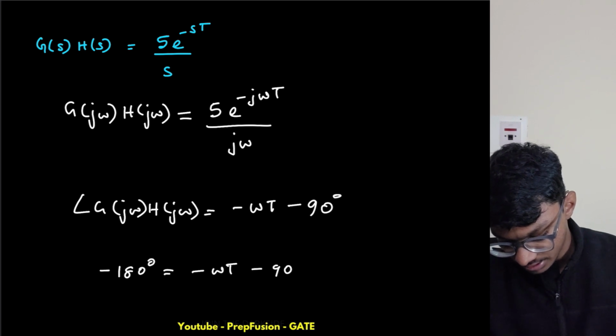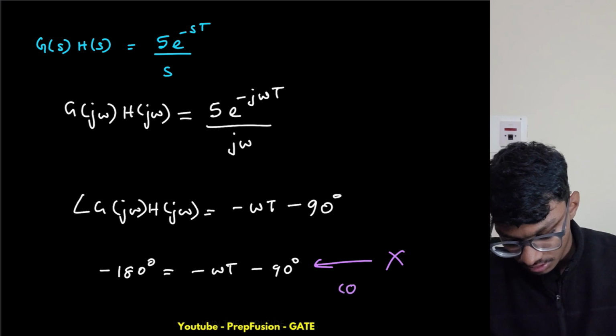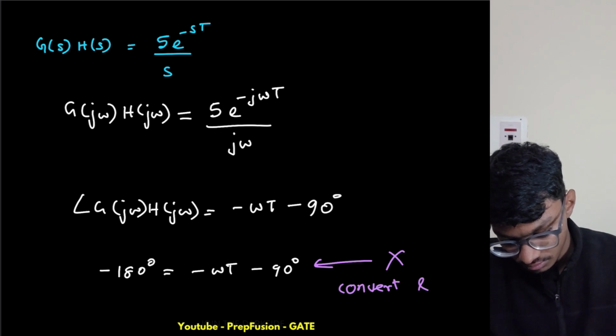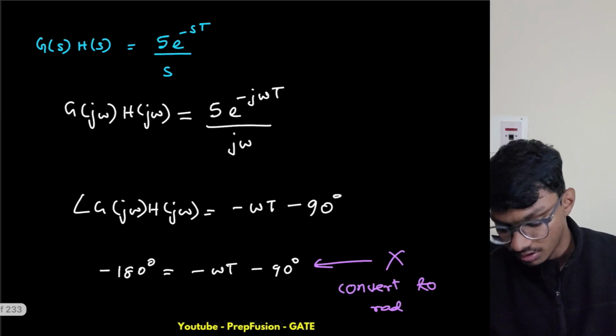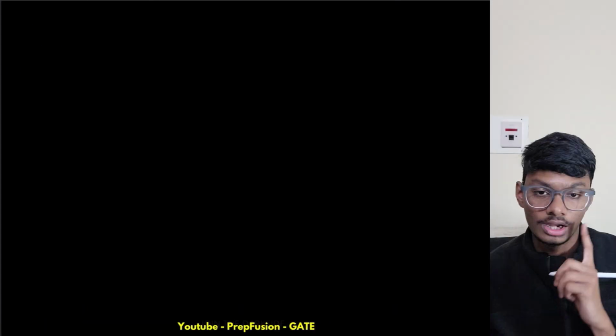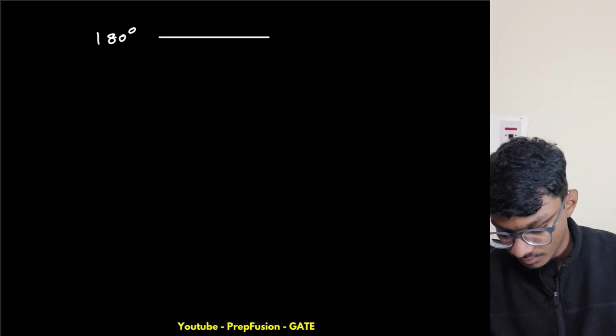equals minus omega t minus 90, but this is wrong, convert to radians. Now how to convert to radians? I hope you remember, if you ever forget it, 180 degrees means pi radians.